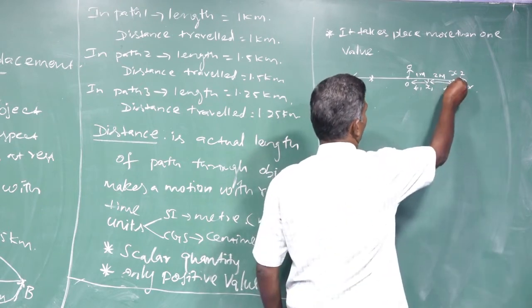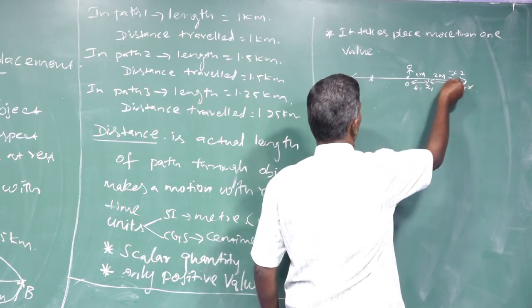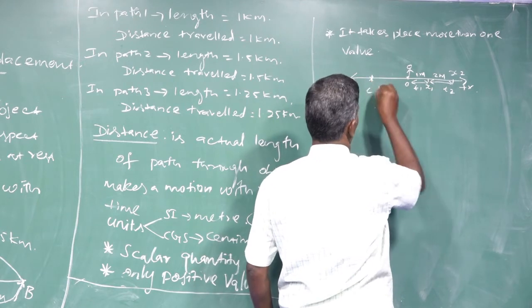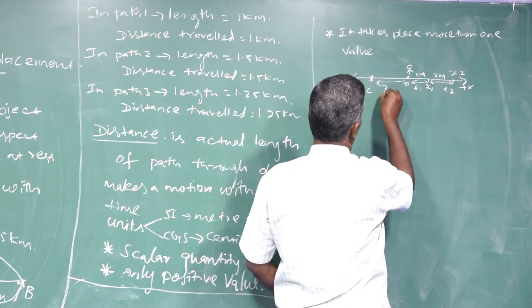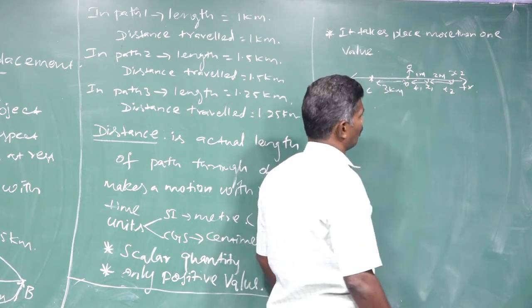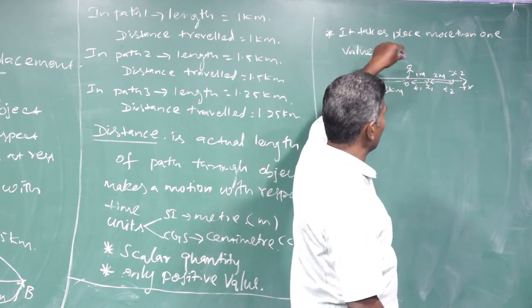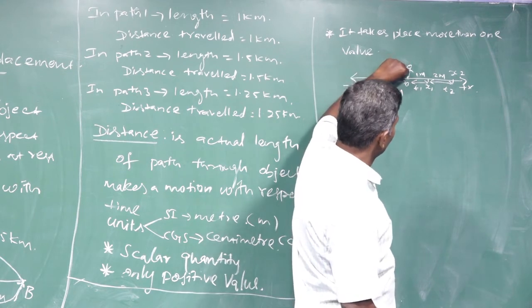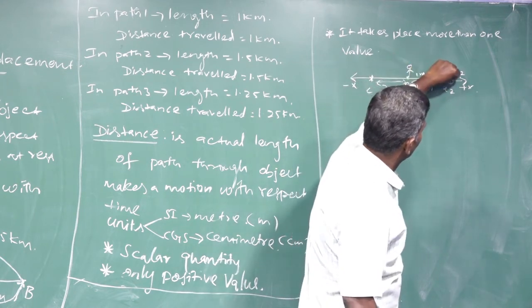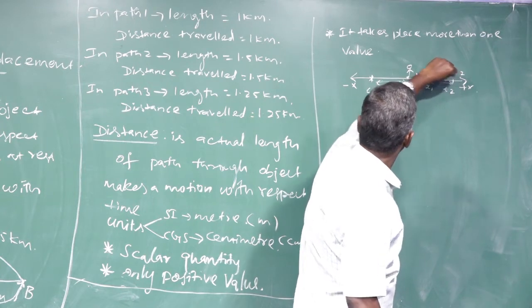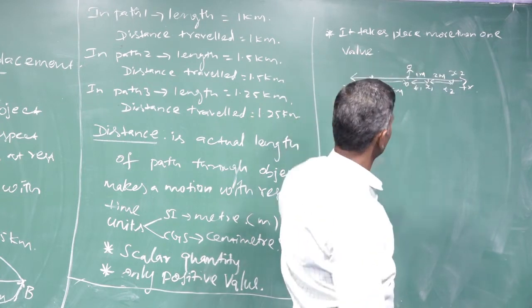Further he is moving from the x2 position to another third position. This may be taken as 3 kilometer. So the man's distance covered is from origin to x2, then he moves from x2 to that C position. Okay.